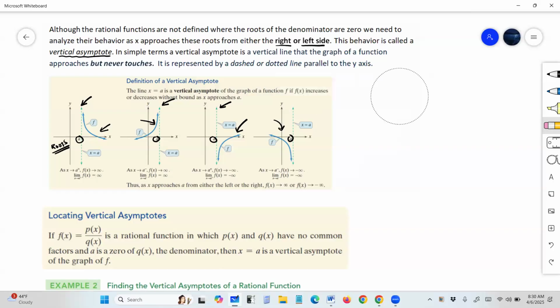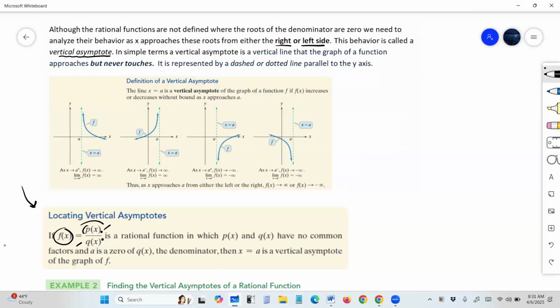Okay, so now how do we find a vertical asymptote? So it's right here. How do we find a vertical asymptote? If f of x is a rational function of this form, p of x over q of x, both will have roots. How do we find these roots?